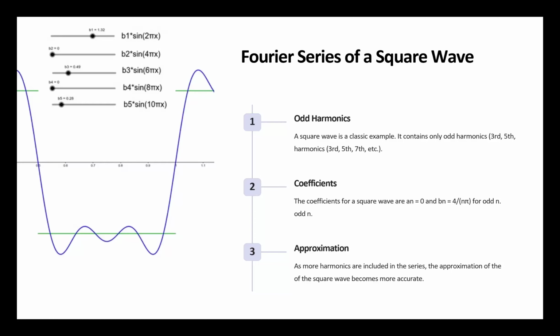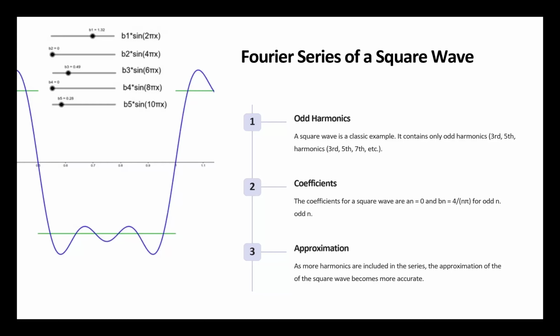If it's 1 volt, the amplitude of each component is going to be 4 over n pi times that 1 volt DC. Now, as DC is 10, it's basically 10 times that value.